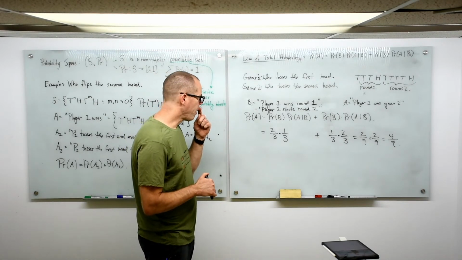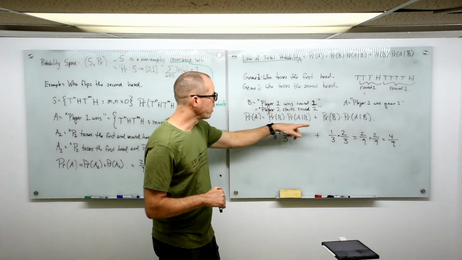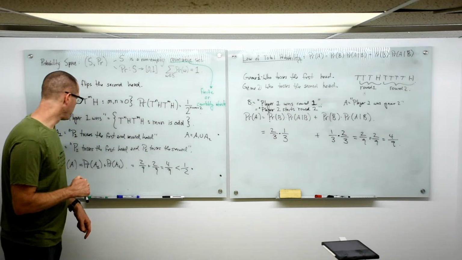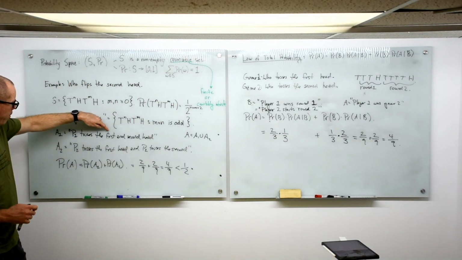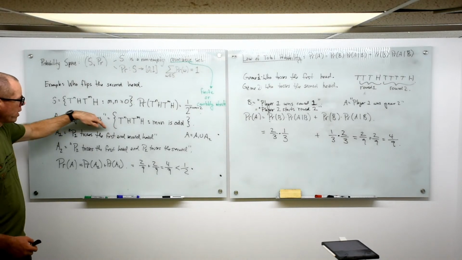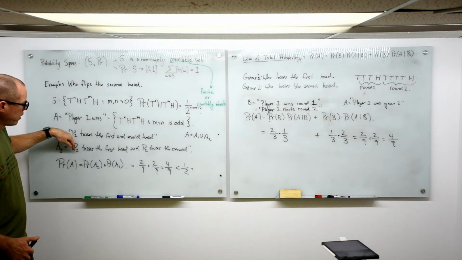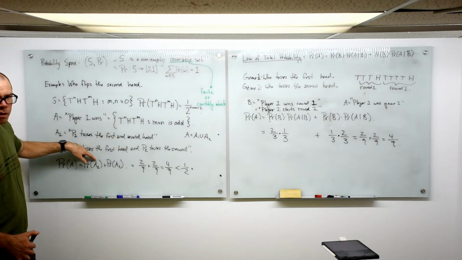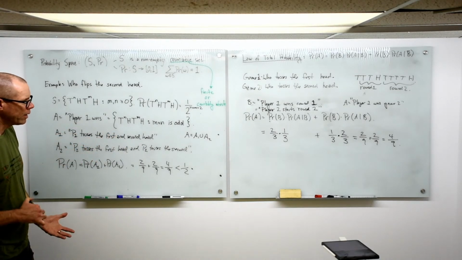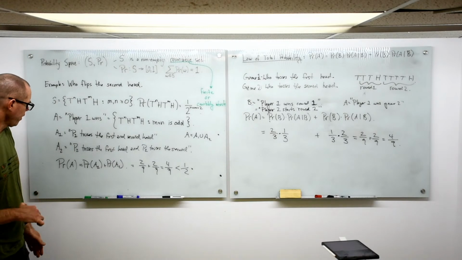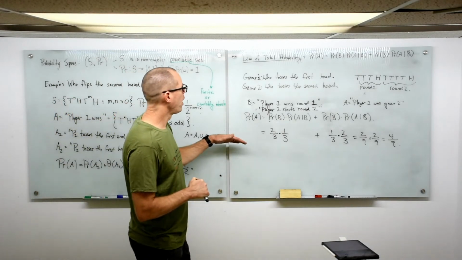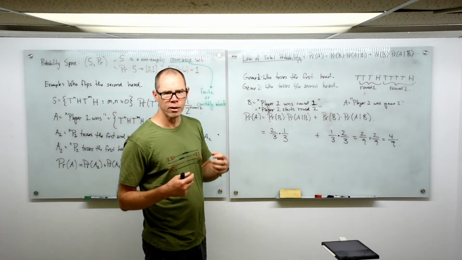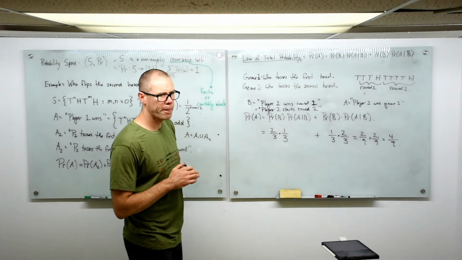In fact, the events B and not B correspond to this event, player 1 tosses the first head, or the event player 2 tosses the first head. So it's really doing the same thing, just one way ends up involving more calculations, and the other one involves sort of a step back and looking at the whole game.